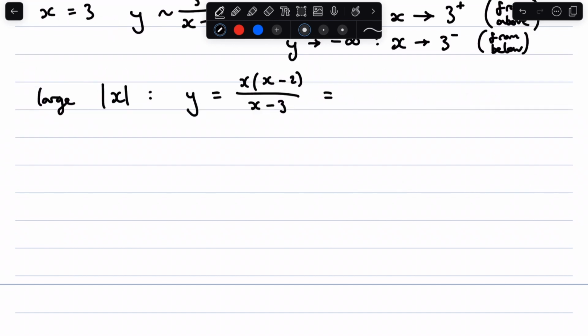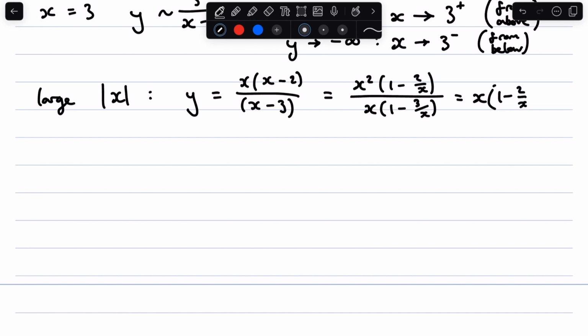So now, how does our function y look for large x, a large modulus of x? So we have our function x(x minus 2) divided by (x minus 3). If we take a factor of x out of these brackets, then it will have x squared times (1 minus 2 over x) on top, divided by x times (1 minus 3 over x) on the bottom. And from here we can simplify it to be x times (1 minus 2 over x) times (1 minus 3 over x) to the power of minus 1.